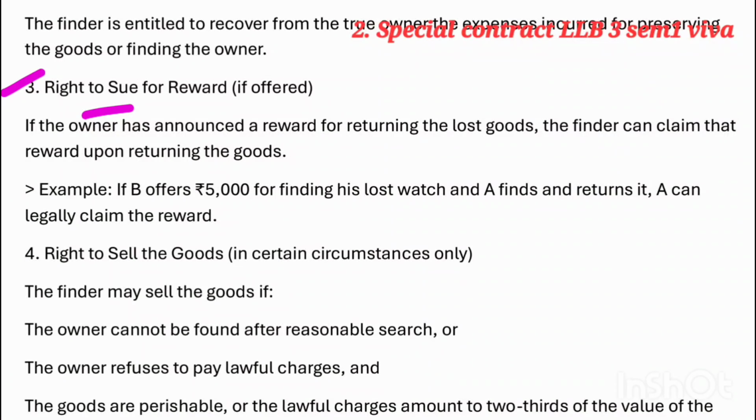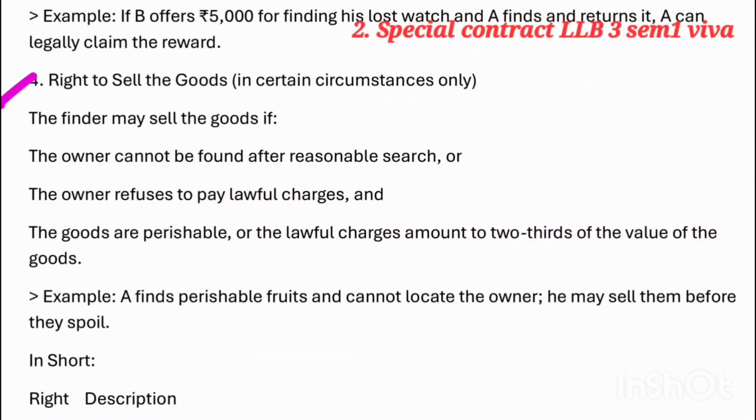If the owner has announced a reward for returning the lost goods, the finder can claim that reward upon returning the goods. Example: if B offers 5,000 rupees for finding a lost watch, and A finds the watch and returns it, A can legally claim the reward.